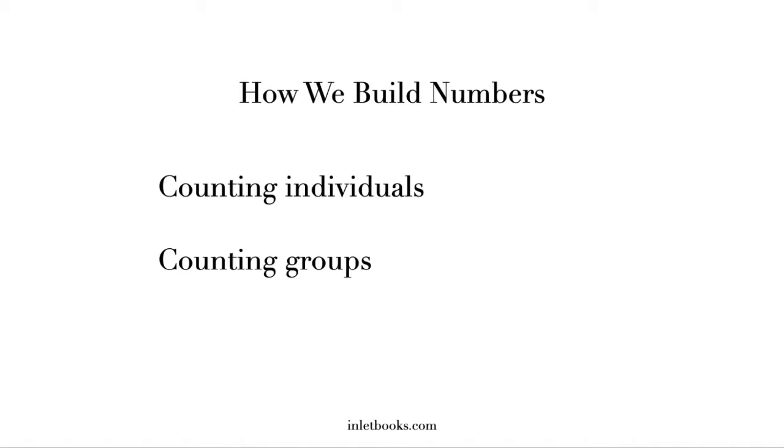Our number system lets us describe and write quantities as big as we want. The key to this is the idea of counting groups. For this, we will need a collection of symbols, names for counting the first several quantities. And then we need a method for indicating how we count groups.